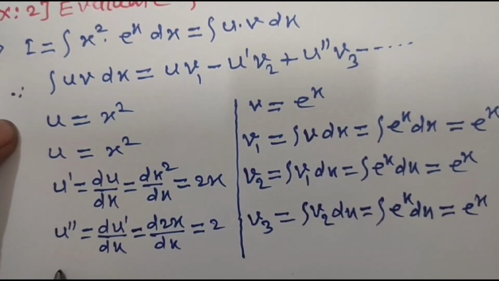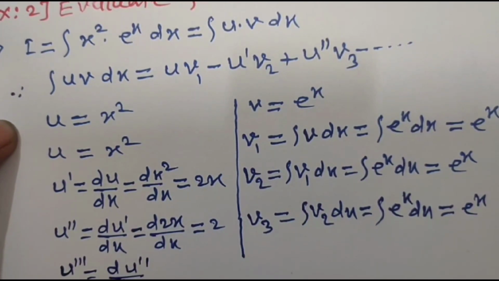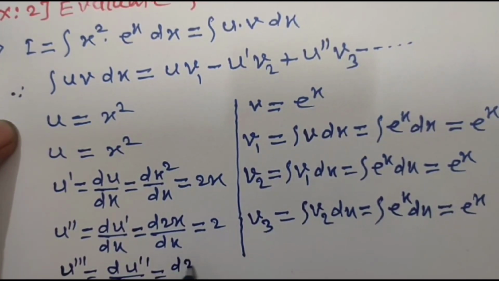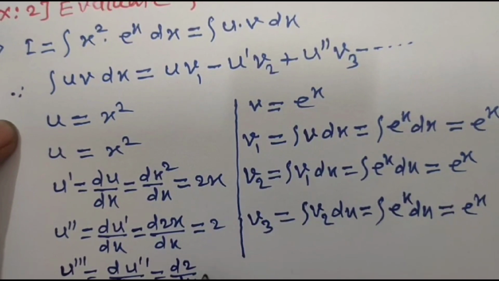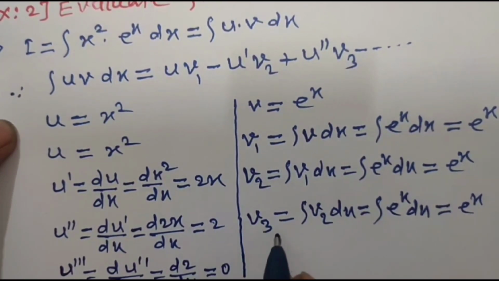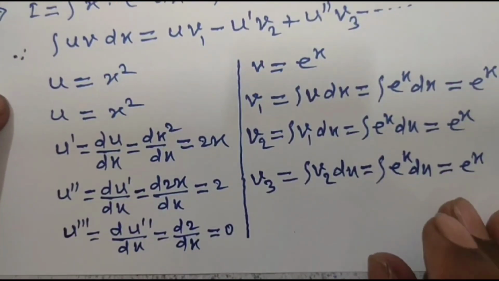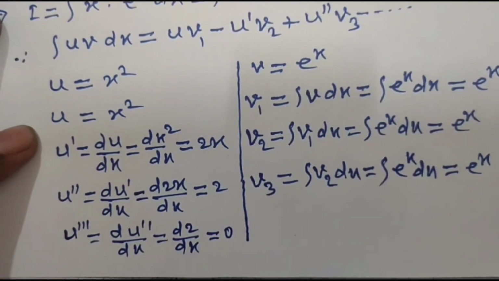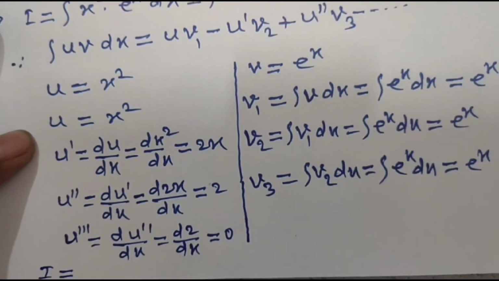Now u triple dash is the derivative of u double dash with respect to x, which is the derivative of constant 2, equal to 0. Derivative is 0, so it is not required to find v4. Okay, so integral I is equal to, directly we can write, I is equal to u v1.